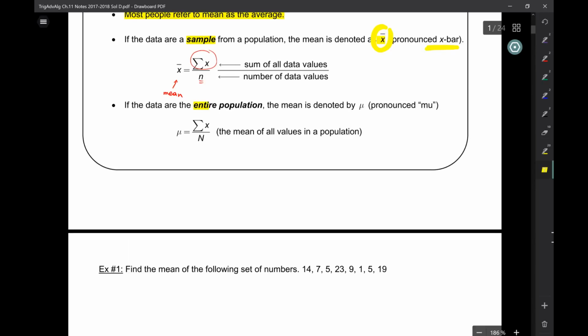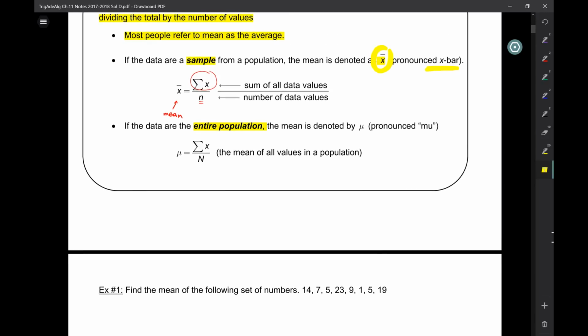If the data is the entire population, so like you do a census and you have the age of every single American alive, and you take the average of all those people, then we don't say X bar, we have this other Greek letter, mu. That's a mu.